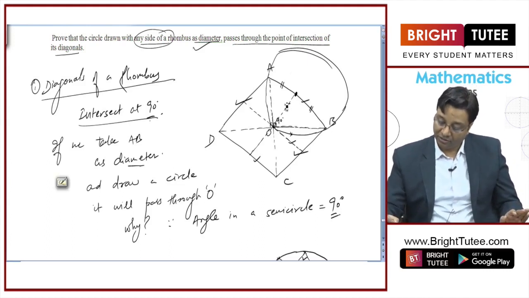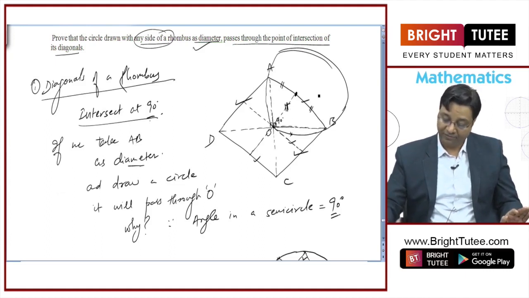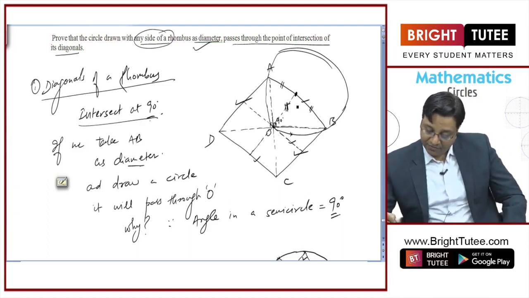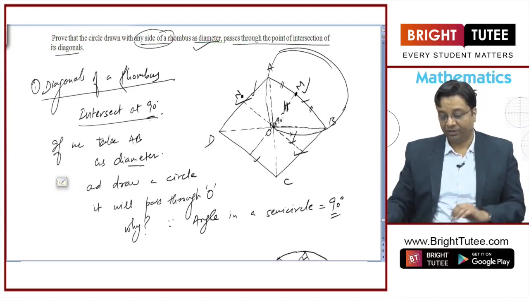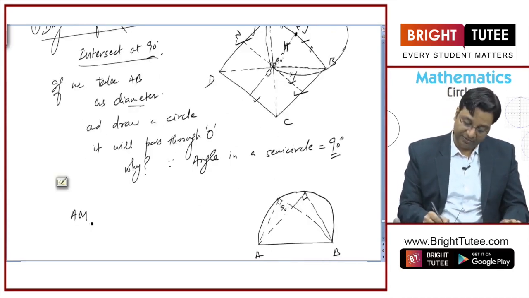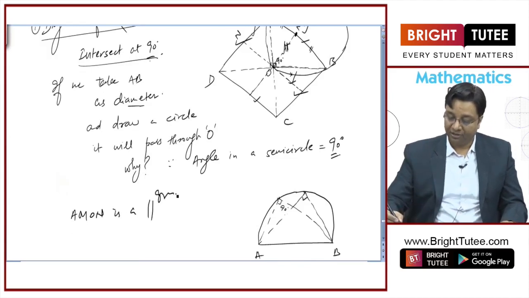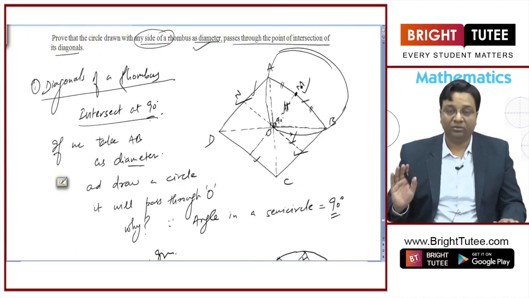Okay, so if I can show that this distance is equal to these distances, then it will be clear. Now see, when I draw this line parallel to this line and this line parallel to this line, AMON will also be a parallelogram, because of the construction, because I have drawn OM parallel to AN and ON parallel to AM.